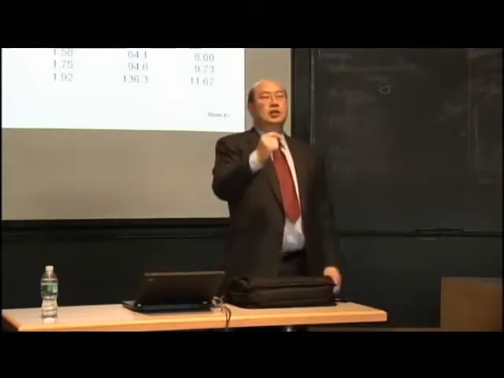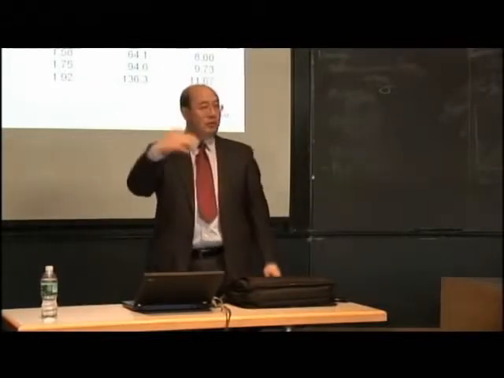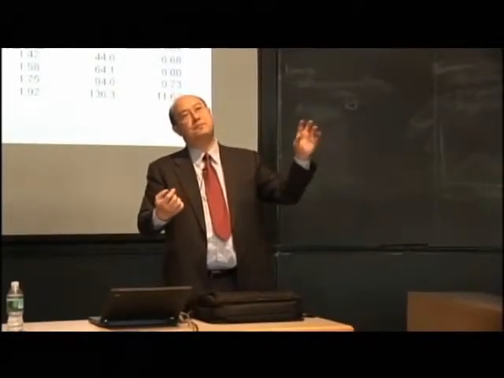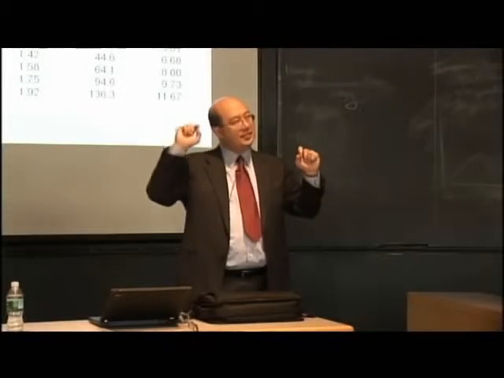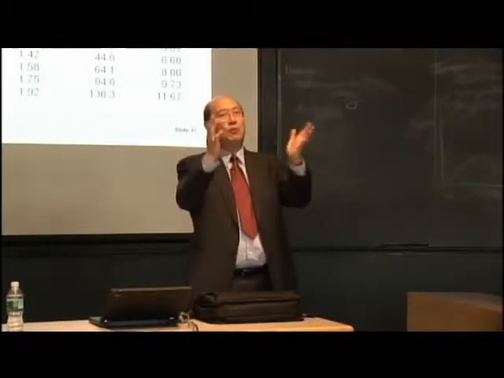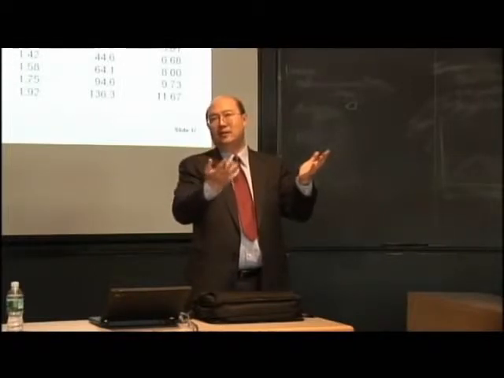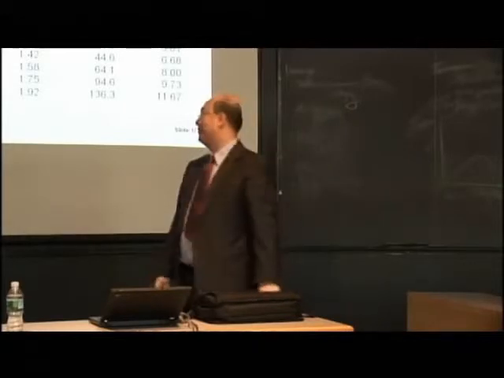OK? Now, that's the variance. What about the standard deviation? The standard deviation is the square root of the variance. So that means that the standard deviation on an annualized basis is equal to the square root of 12 times the standard deviation of a monthly. OK, so finally, we're almost there. What's the square root of 12? Something between 3 and 4, right? So call it 3.5, whatever.